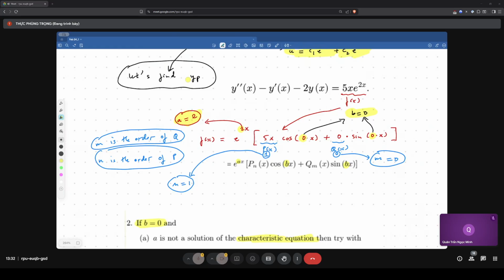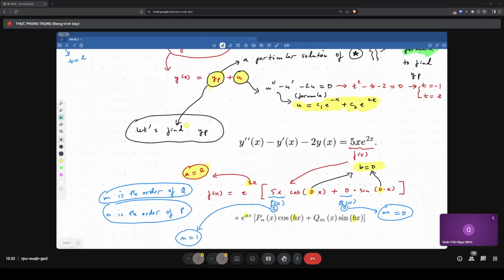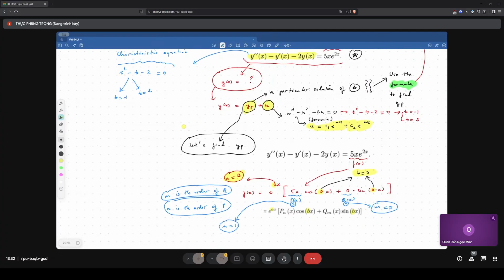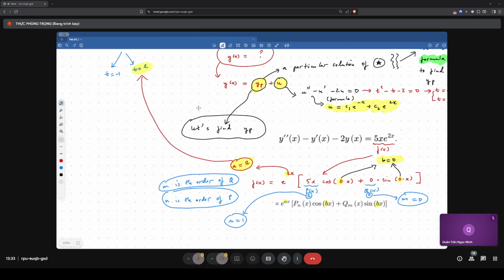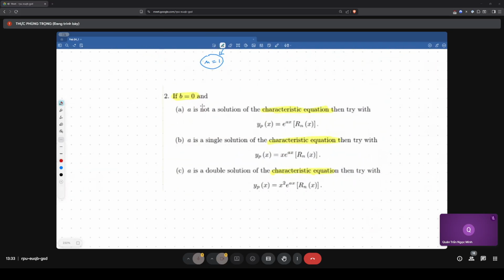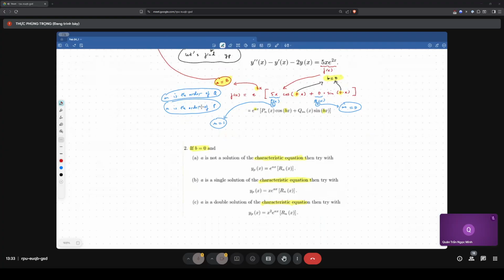And you can see the number 2 right here is exactly a solution of the characteristic equation. And it's a single solution. So you know that in our question, what we have is the one right here.